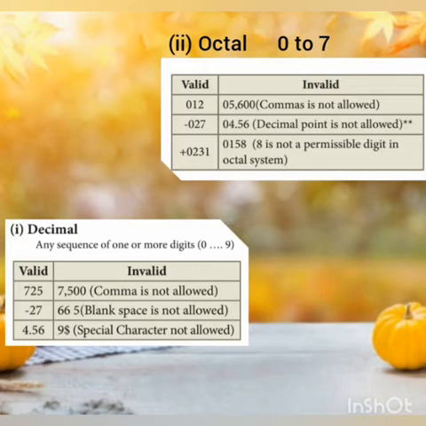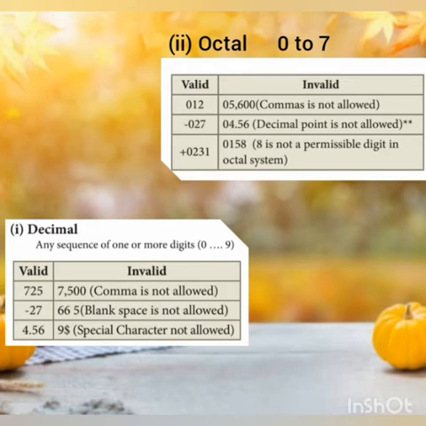Here the beginning number is 0 and the remaining numbers are between 0 to 7, so it is considered as an octal integer constant. Then the next example is minus 07. Minus is a signed octal integer, the beginning number is 0 and the remaining numbers are between 0 to 7, so it is also considered as an octal number.